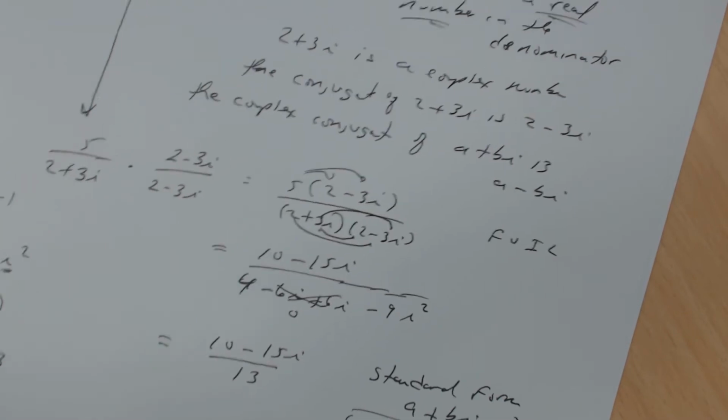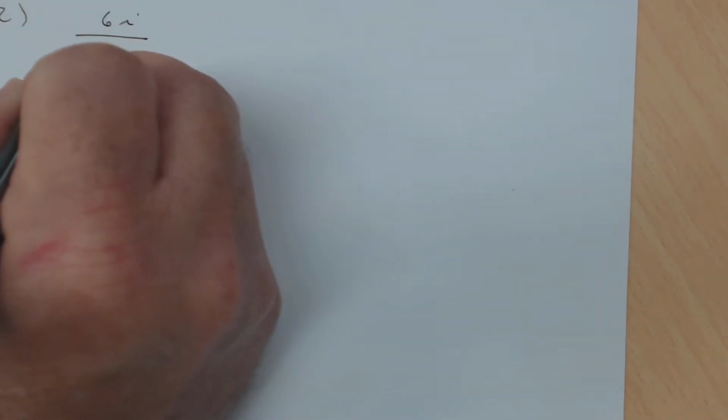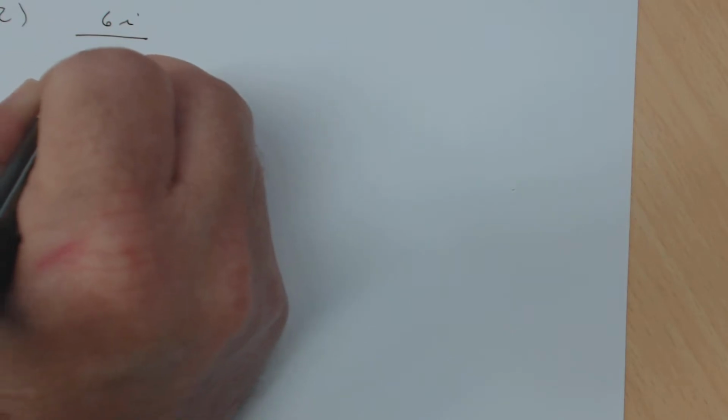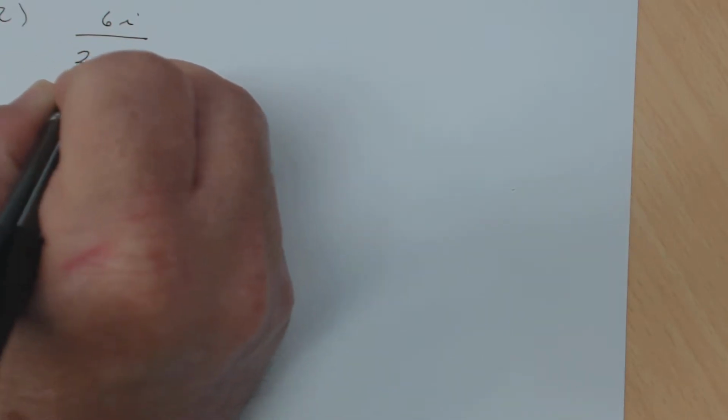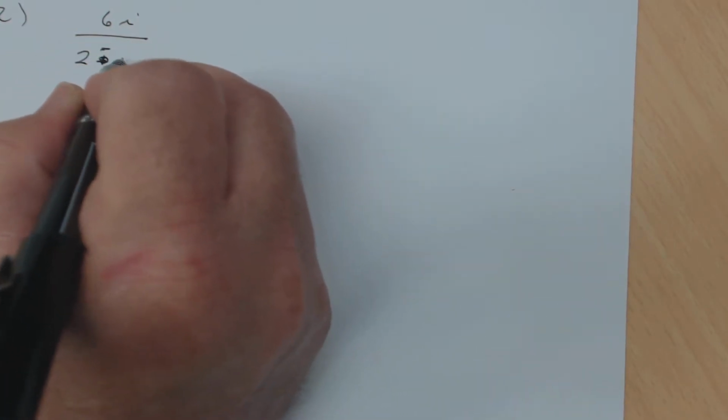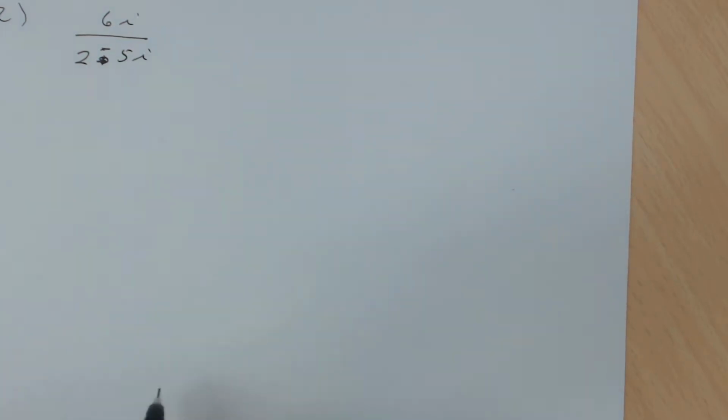All right, so let's look at number 2. Let's suppose we had 6i divided by 2 minus 5i.